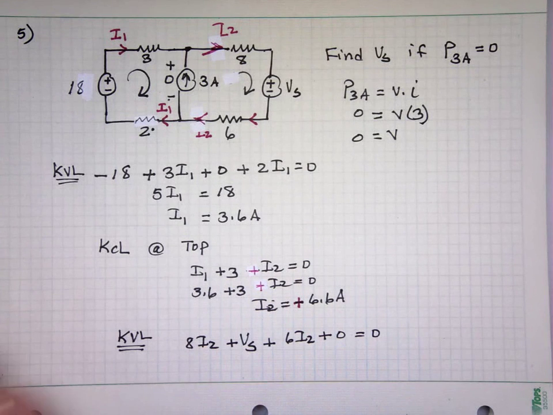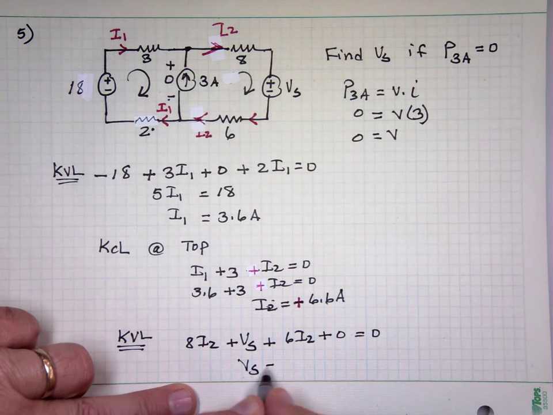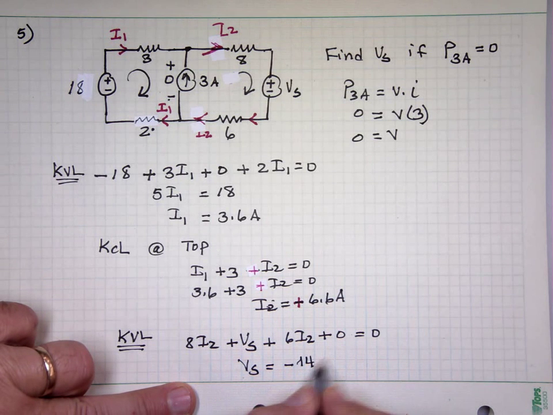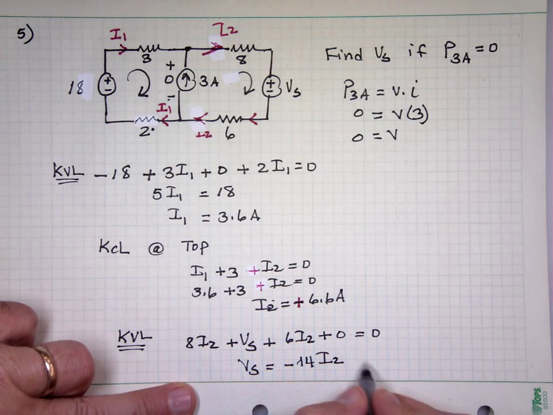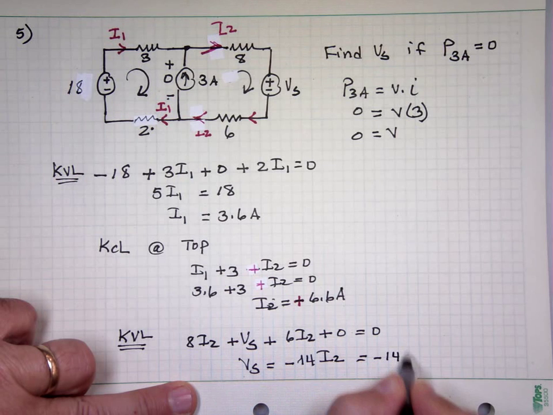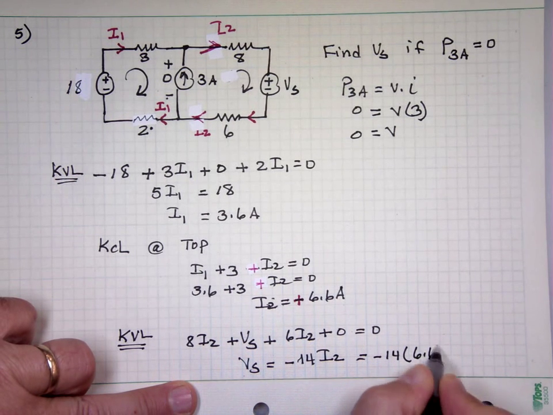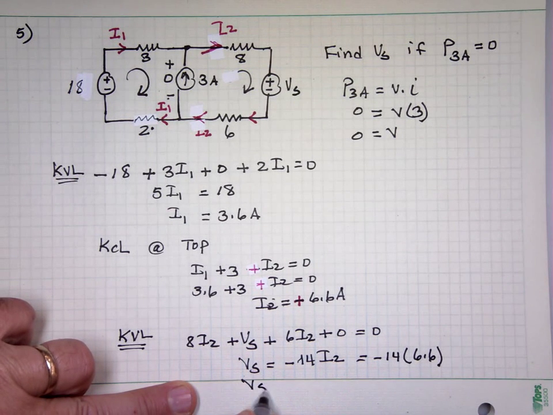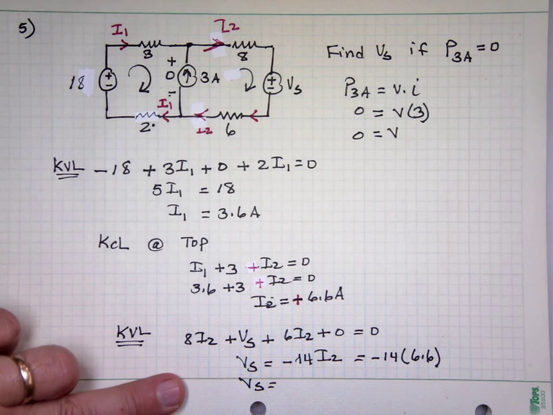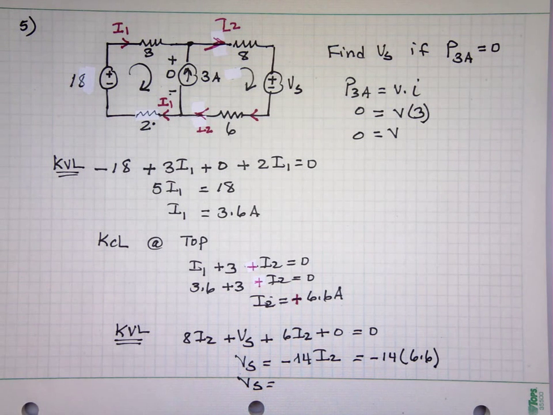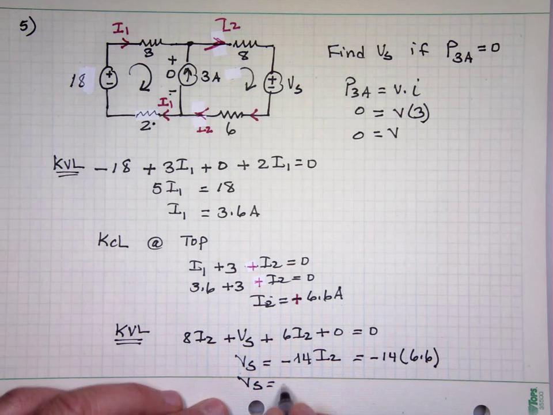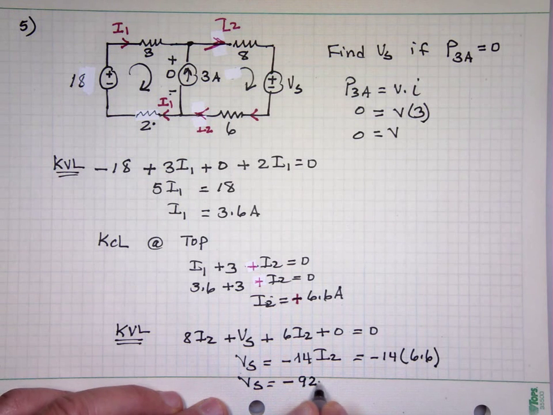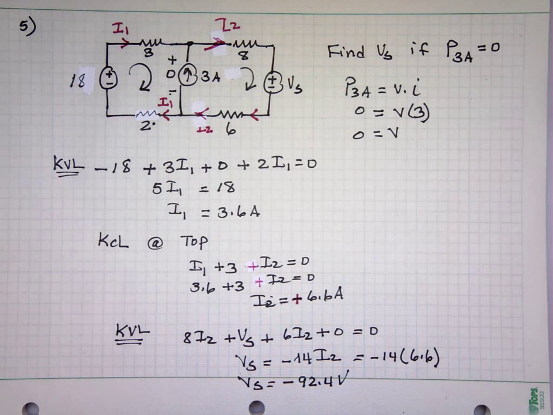VS is equal to negative 14 times 6.6. 14 times 6.6 is 92.4. So 92.4 volts.